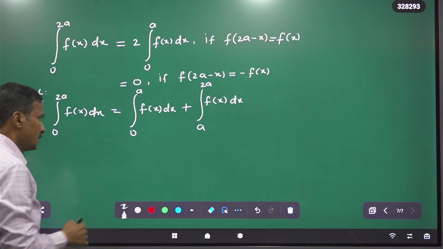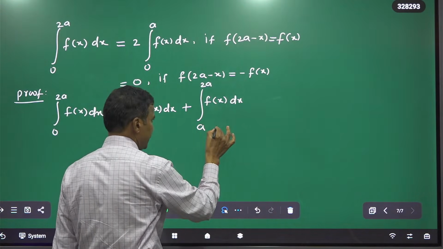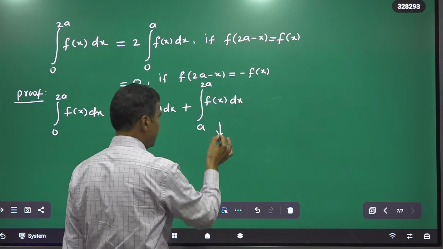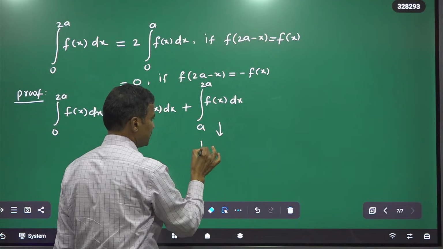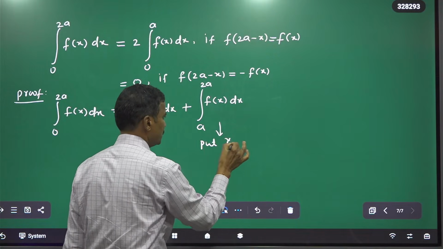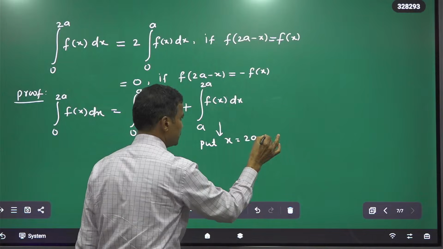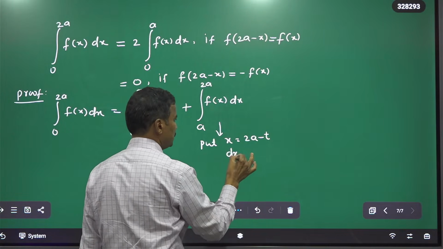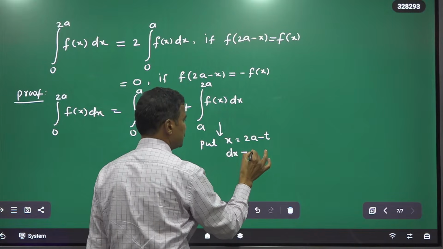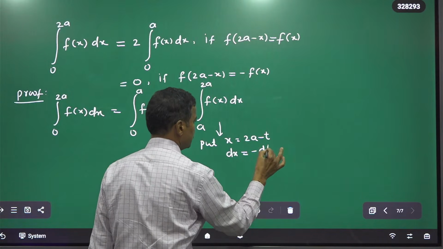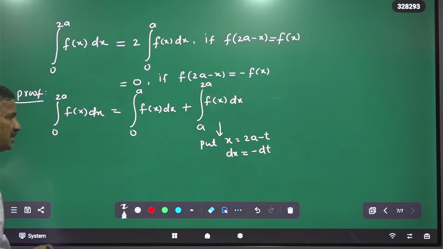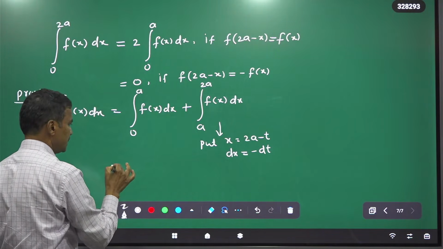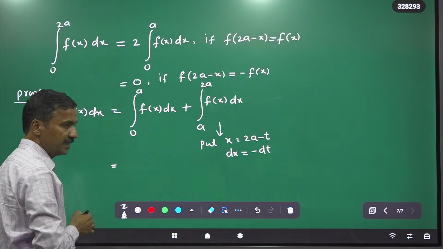Now, this second integral can be written by substituting x is equal to 2a minus t. Then dx is equal to minus dt. The first integral stays as it is; this substitution is only for the second integral.